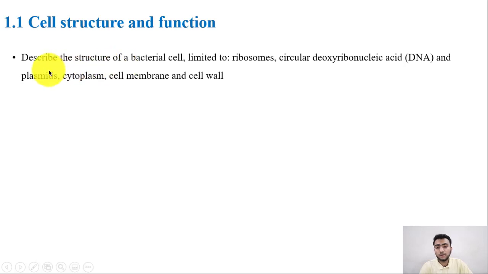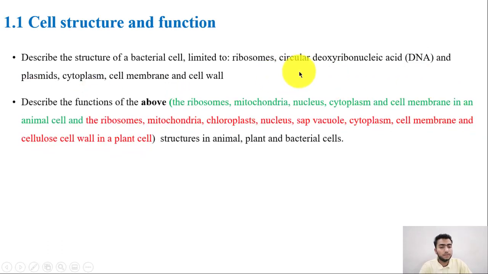You are required to describe the structure of a bacterial cell, which I told you has probably been recently added to this version of the O-Levels biology syllabus, and we would be taking a look at ribosomes, DNA, plasmids, cytoplasm, cell membrane and cell wall, which is found in a bacterial cell. That would be probably discussed in a next video or in a separate video.